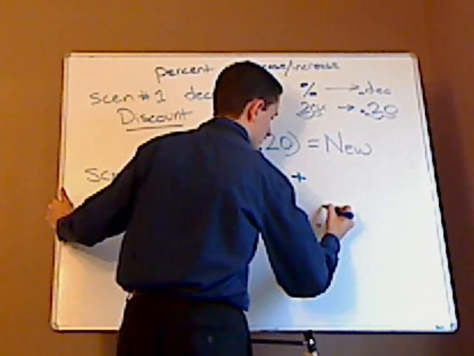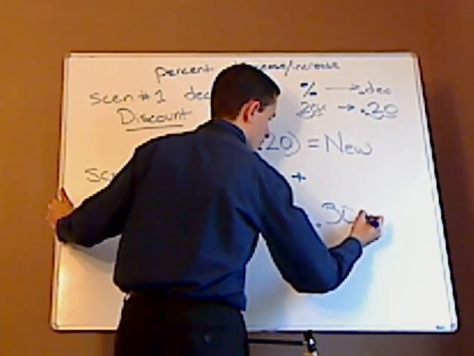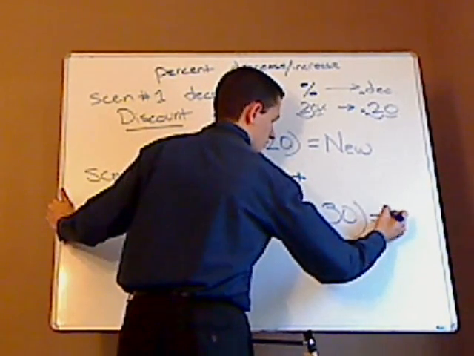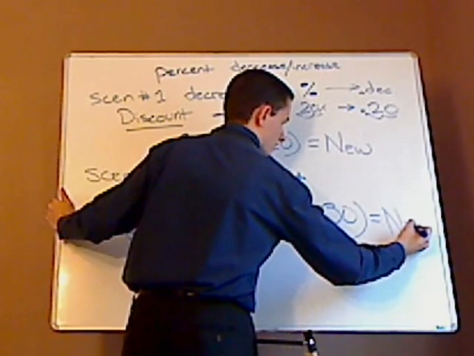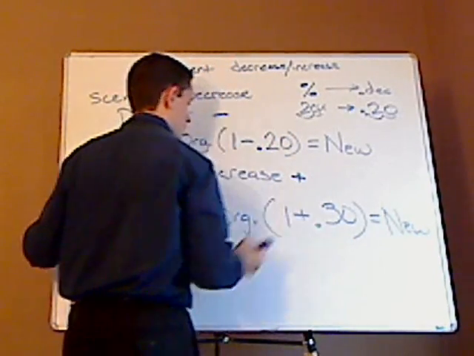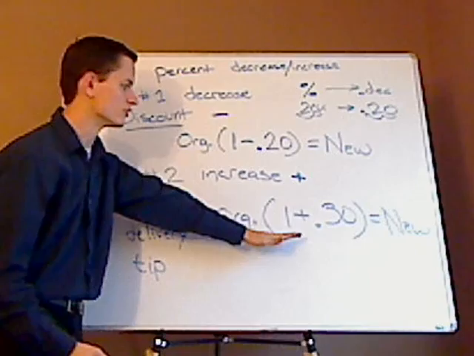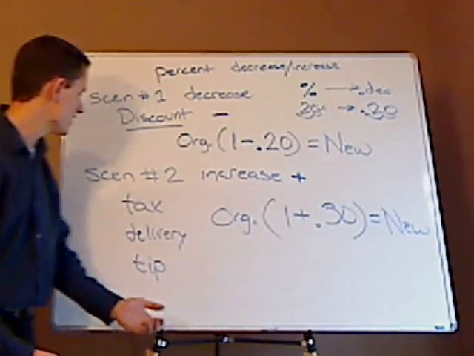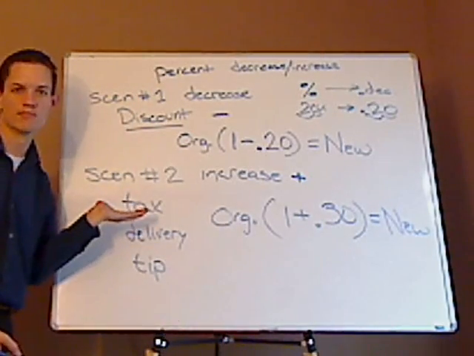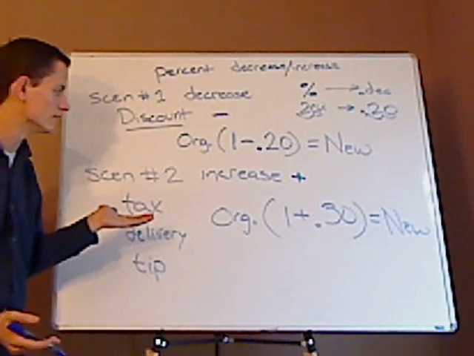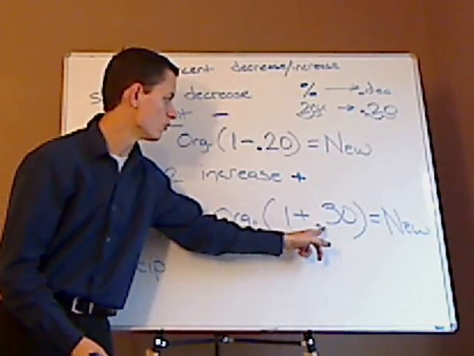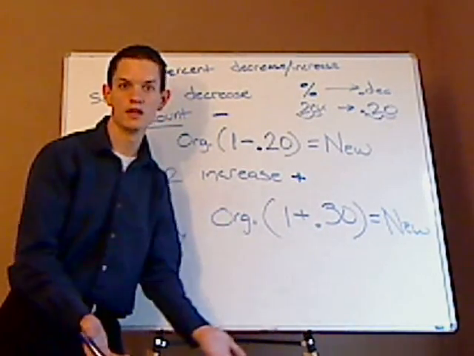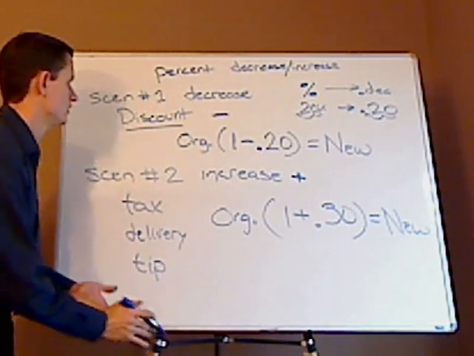So let's say it's 30%, so that would be 0.30, equals the new value. That should be plus, because it's a percentage increase, right? You're not going to have a tax of 30%. You might have a tax of 7%, which would be 0.07. Then you can easily calculate it.